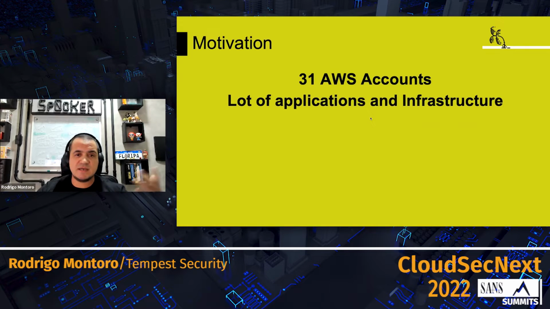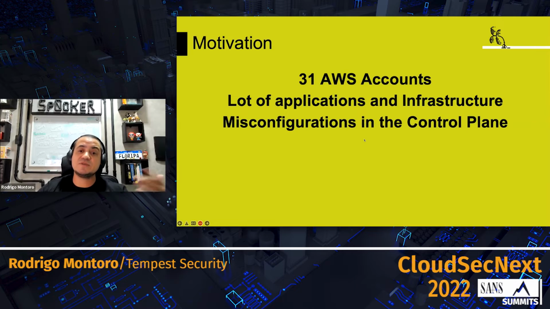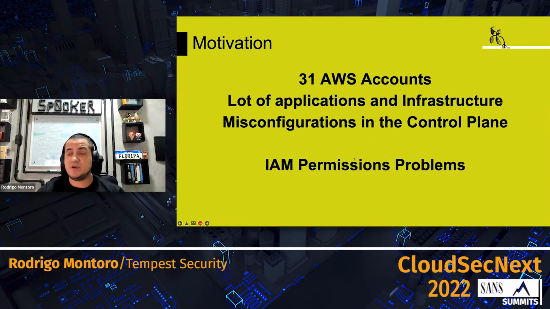Second, we have the applications and infrastructure, with a lot of the same problems we could have on premise, depending on how we're deploying. Then you have misconfiguration in the control plane. That's really important to take a look at, using CSPM tools and all that stuff. And we have the IAM permissions problem.